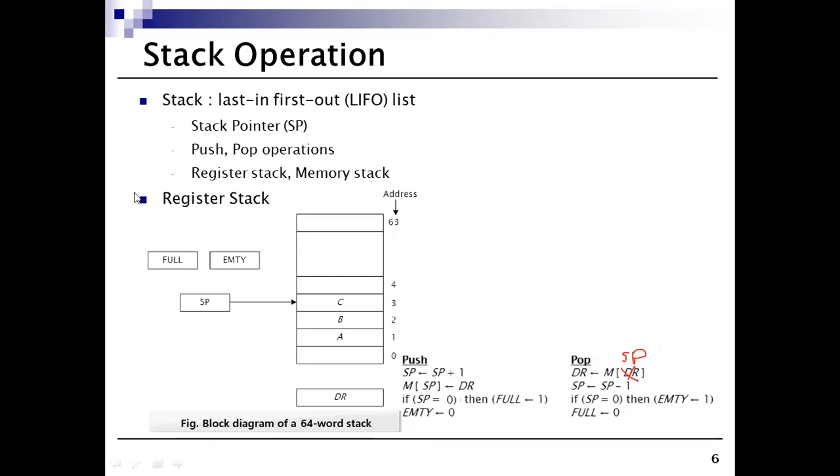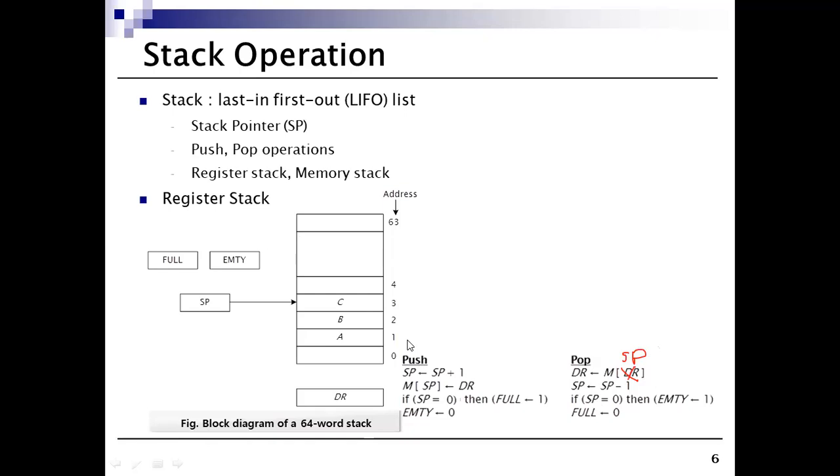So in this kind of stack organization, the stack is growing towards incremental addresses. Similarly, I can say that this stack is growing upwards. This is an example for a register stack.